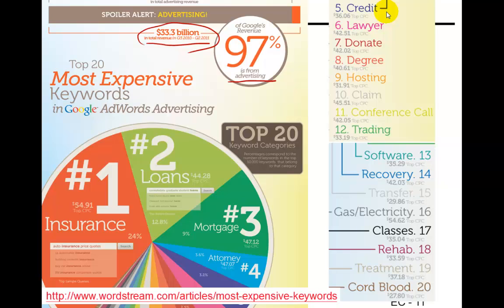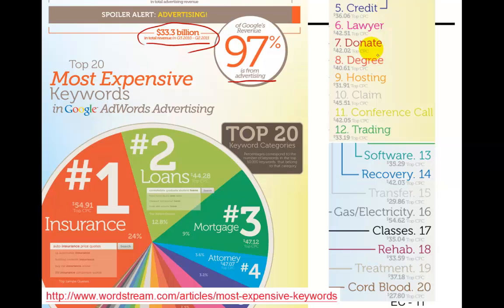People use different keywords, so that's why both show up. Degree, hosting, web hosting, claim, suing someone for claiming damage, conference call, trading, software, recovery, transfer, gas, electricity, classes, rehab, treatment, court, umbilical cord, blood, I believe.